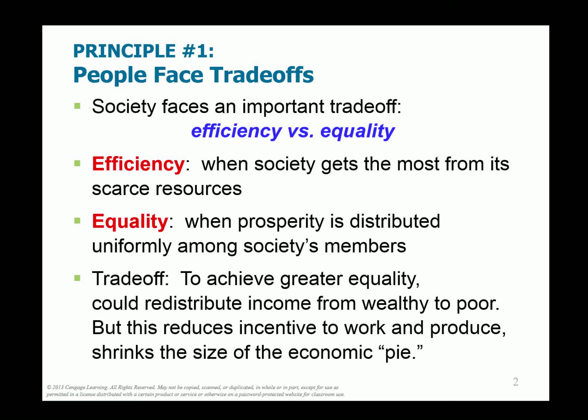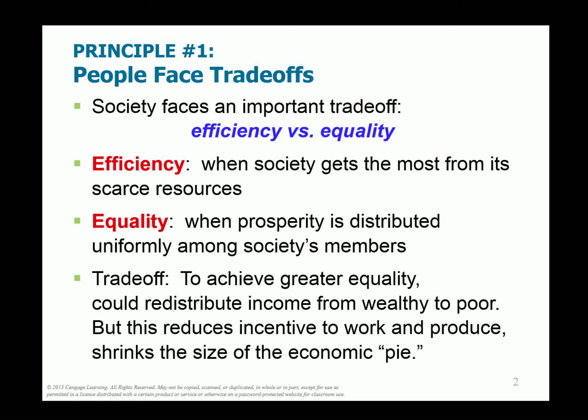In society, overall, we have an important trade-off: efficiency versus equality. Efficiency is the most production possible in a society. Imagine a society with one very large monopolist firm that made all the profit and all consumers made zero profit.